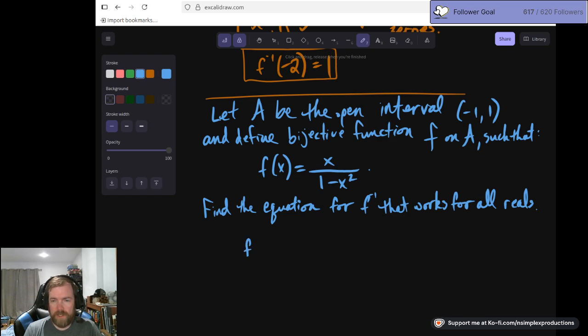So again, in this case, we have f of x, which is equal to y, is equal to x over 1 minus x squared. Here, again, we're trying to solve for x, so we've got to move the stuff at the bottom here, multiply both sides by 1 minus x squared. We're going to get 1 minus x squared times y is equal to x.